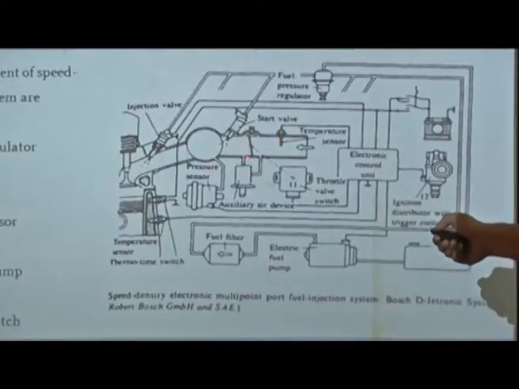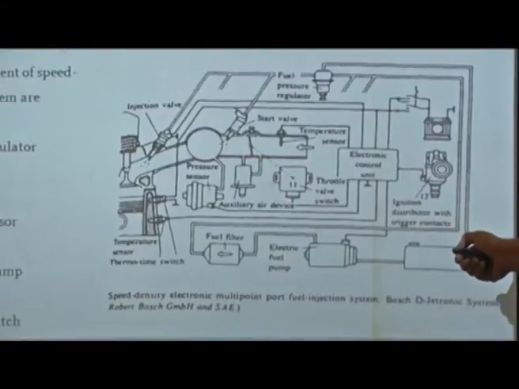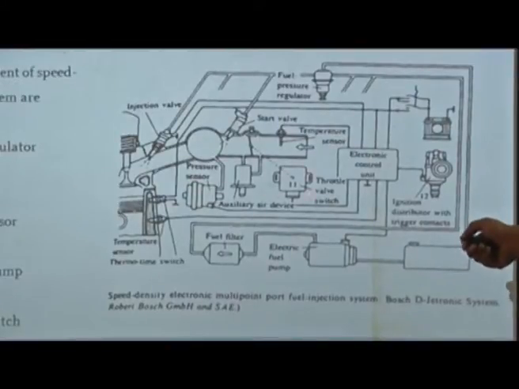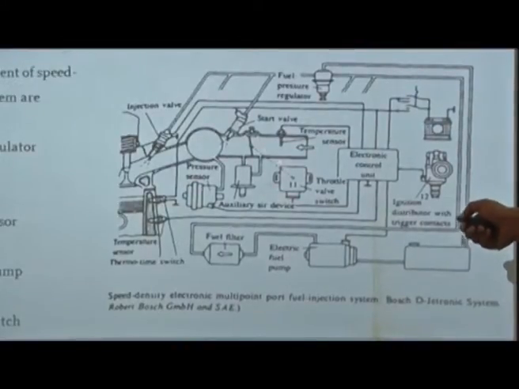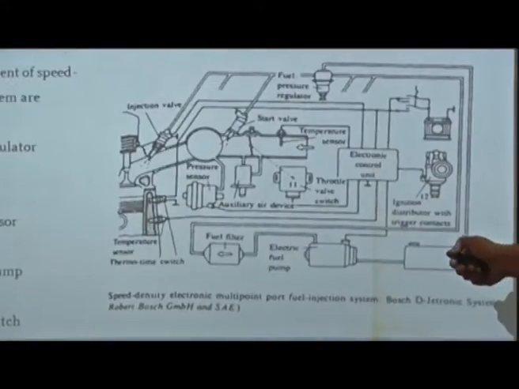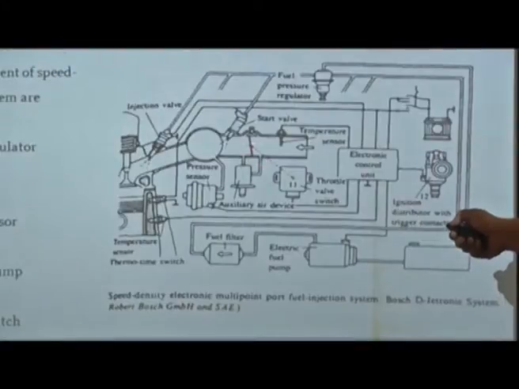Then there is a throttle valve. There is a throttle valve switch. So, basically it is a throttle body. If the throttle is pulled, this throttle body will change the throttle position, and it will let the ECU know. So, the ECU will know that okay, now more power is expected, so I should dump in more amount of fuel. And this is the auxiliary air device, it is not very important.